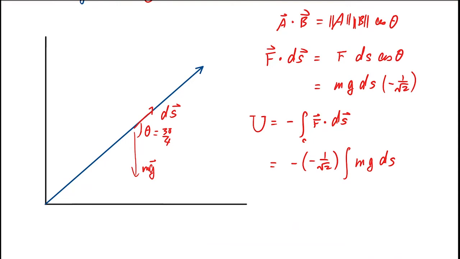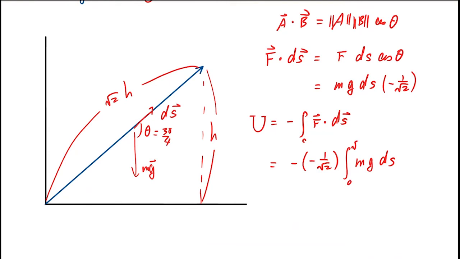S is this entire distance, isn't it? How long is it? Remember, this way was h. Do you see this is square root 2 h? So s goes from 0 to root 2 h. Isn't this beautiful? So we have 1 over root 2 mg s from 0 to root 2 h.